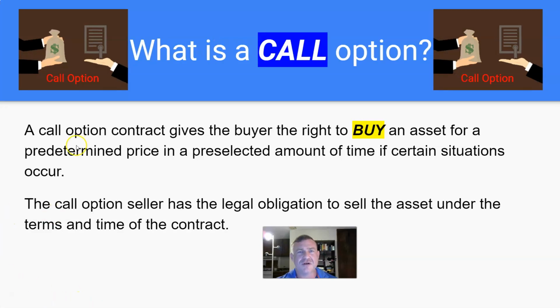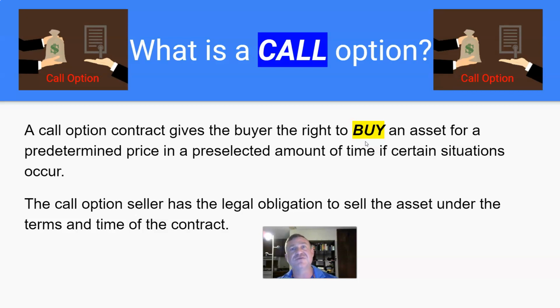How about a call option contract? What is a call option contract? It's very similar, and it just has a little minor tweak to it. A call option contract gives the buyer of the contract the right to buy an asset, right? The put option gave you the right to sell an asset.